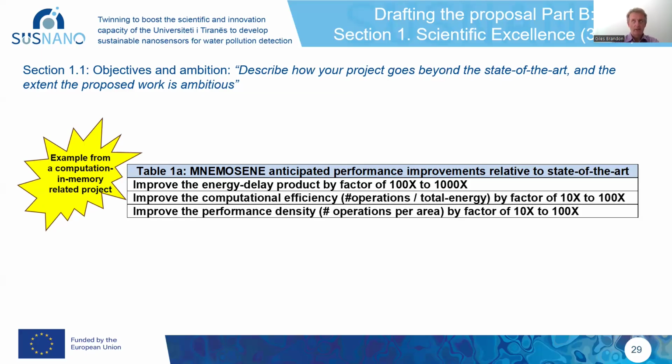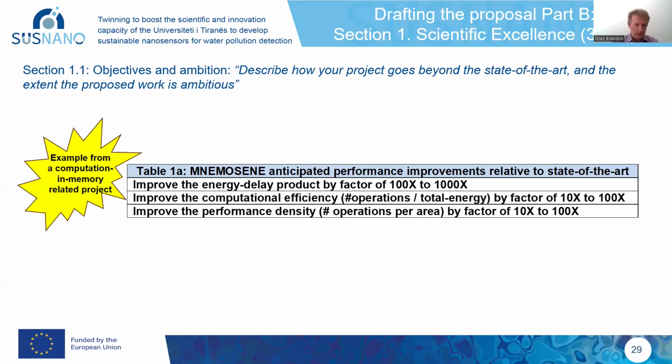Now, in their case, with their projects, at this high level, they could demonstrate that they were aiming to go beyond the state of the art for these specific indicators.